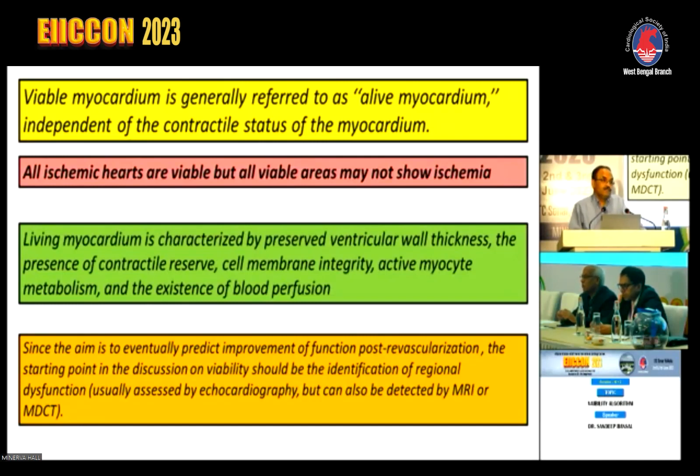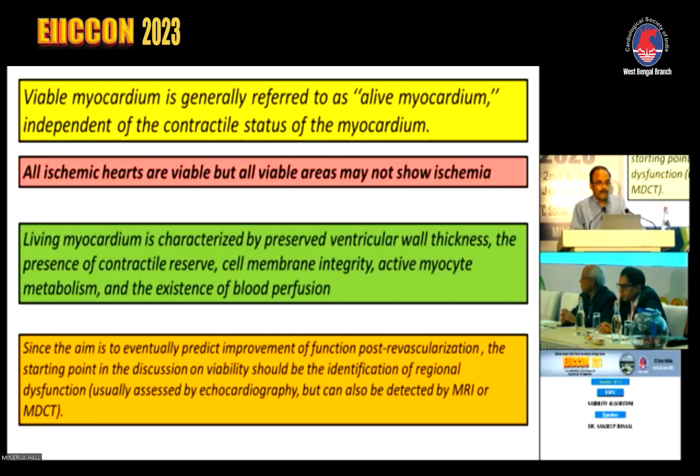And this metabolism needs that there is some amount of perfusion by the blood. It can be an antegrade blood flow, and many a times we find that there is 100% block, but the artery is getting perfused through ipsilateral or contralateral collaterals. So the existence of blood flow is also very important.